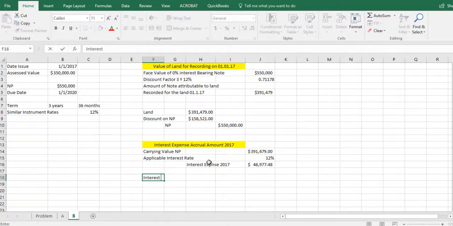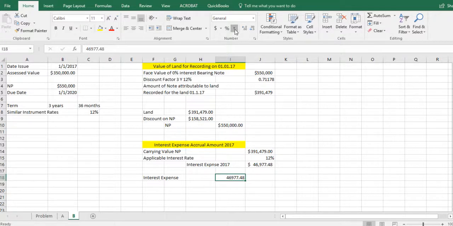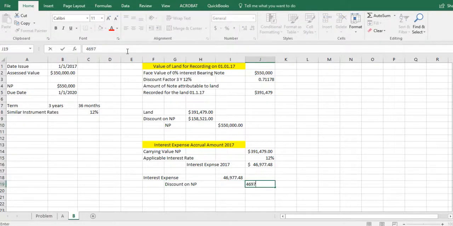We would have our interest expense of $46,977.48. And then we would go to discount on notes payable, $46,977.48.